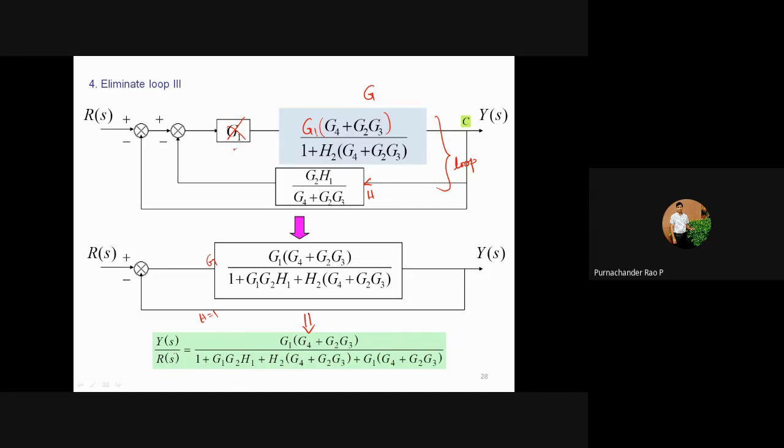This is Y of S by R of S. Is it clear? Are there any doubts on this?